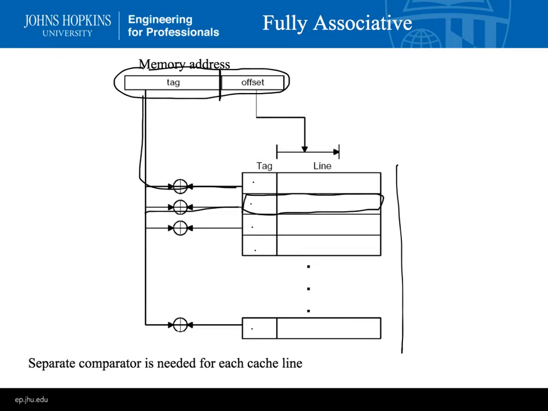And remember, this line is a lot more bytes than the 1 byte we're asking for. So we figure out where in this line the particular byte we want is by looking at the offset. The number of bits in the offset is log 2 of the line size. That's how many bits describe the offset, and the value of it tells us where in the line we need to go.